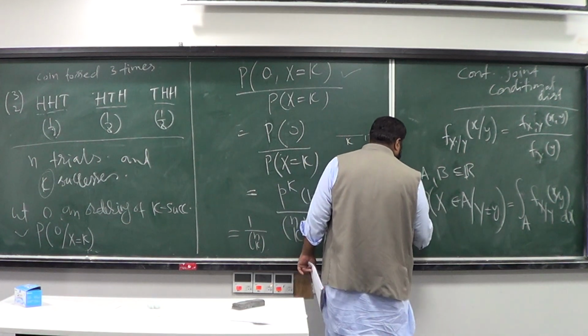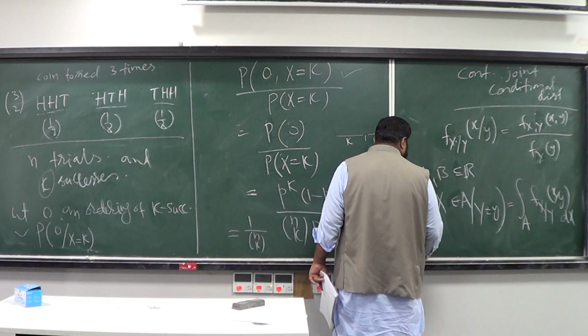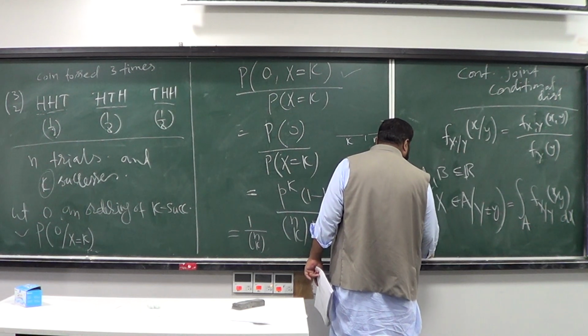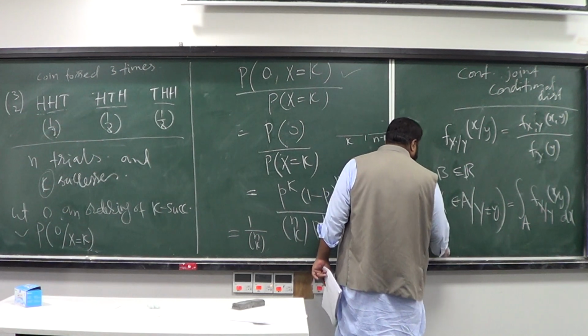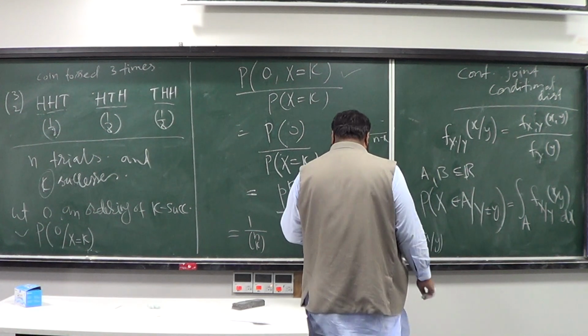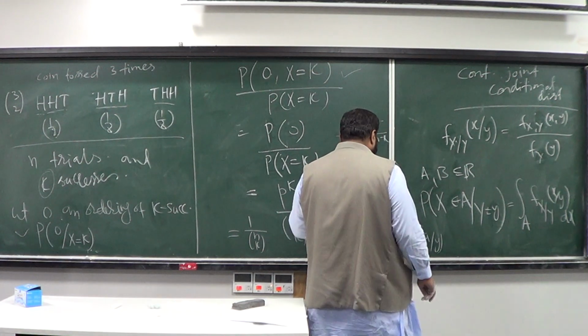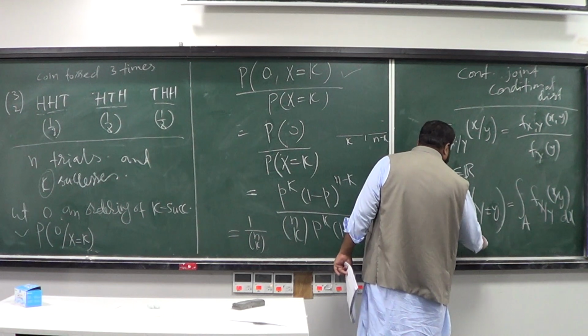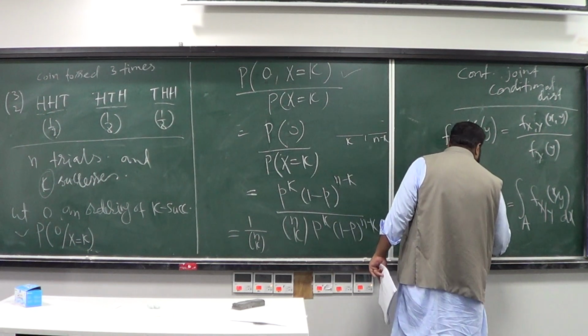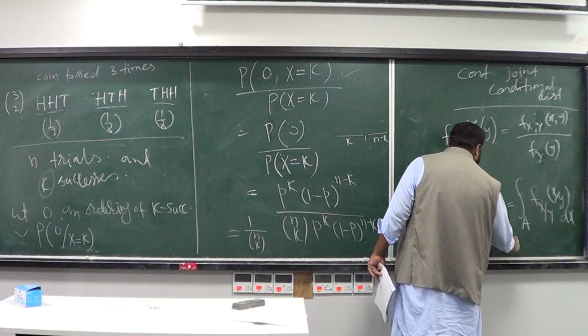What would be the conditional CDF, F of X given Y, where X takes the value a given that Y takes the value y? It is the probability of X less than or equal to a, given Y is y.